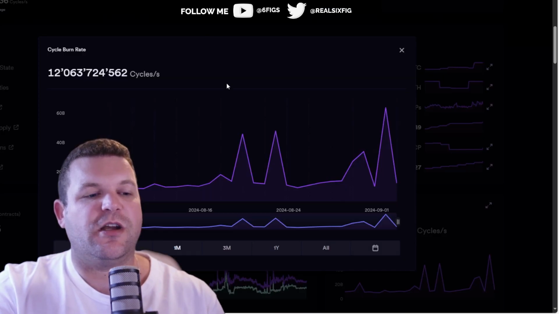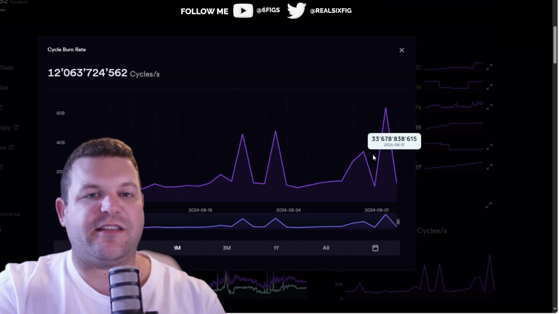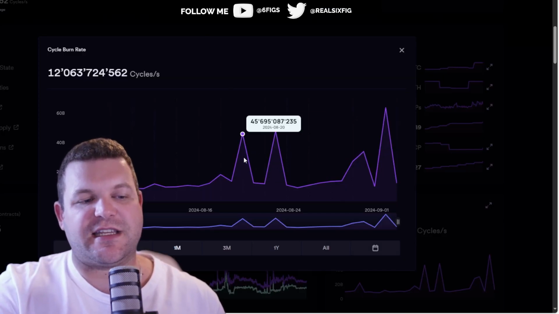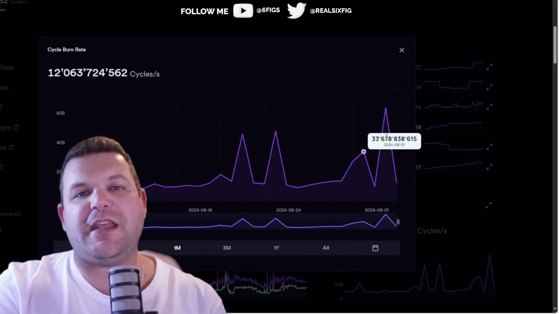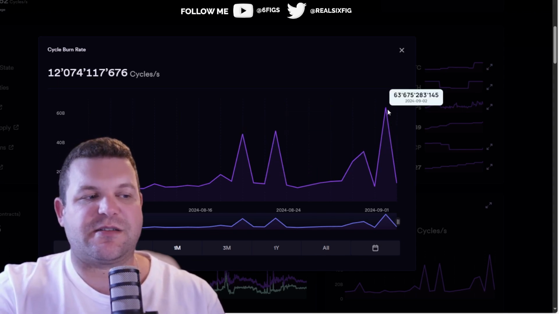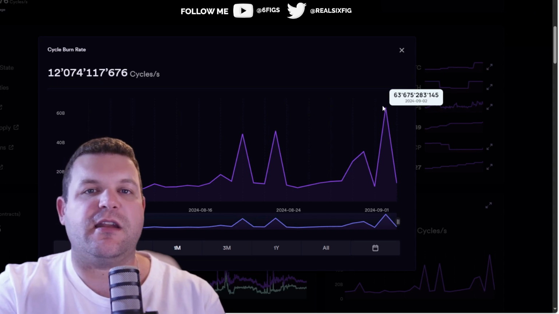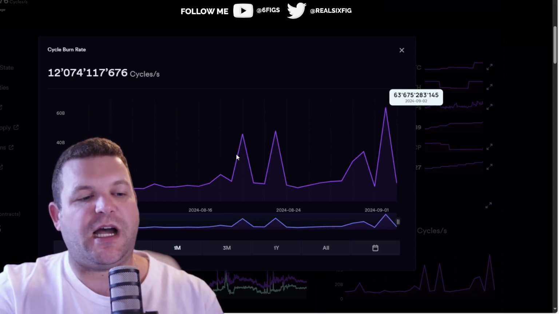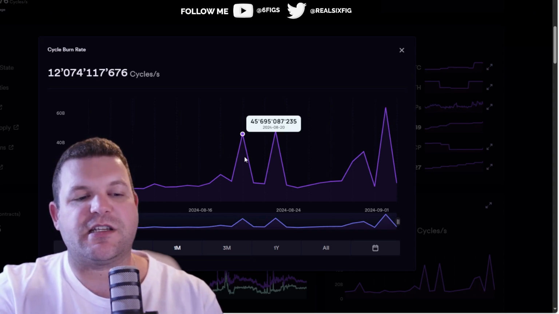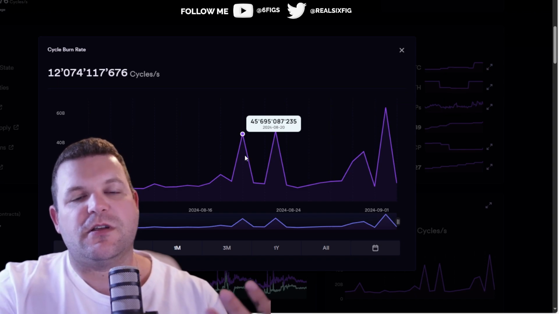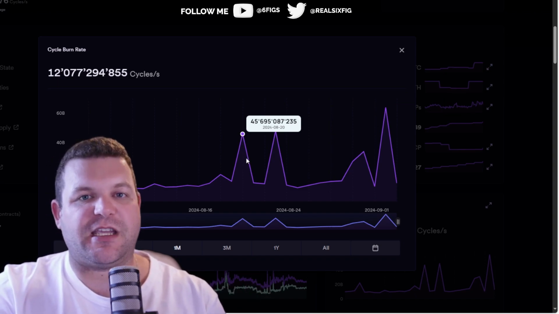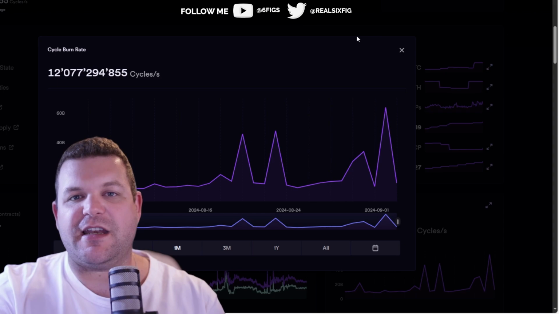And these big mountainous peaks of cycles being burned indicate that there's something big possibly testing the waters when it comes to deploying some sort of application or something of that nature.